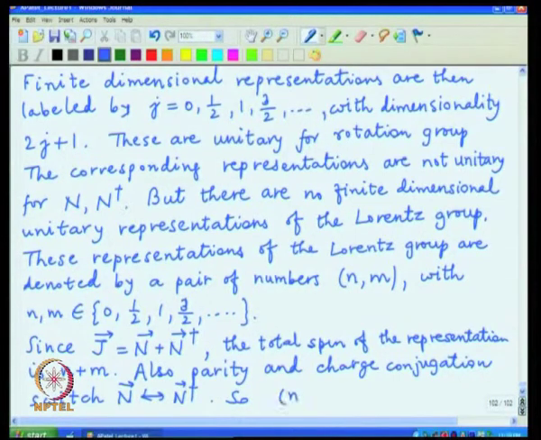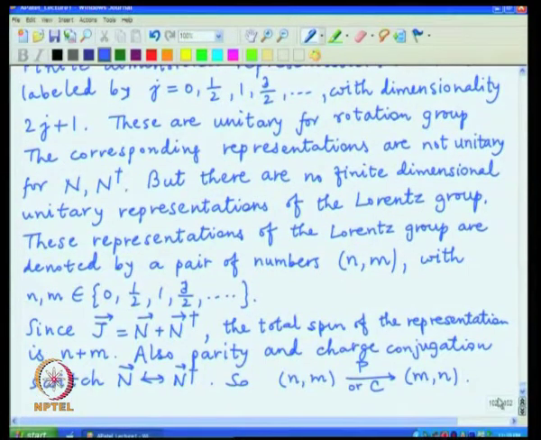So, one can take a particular representation and apply either P or C, and one gets a representation which is the same with the two labels interchanged. So, this is the other part which can be used to extract the meaning of this representation. The sum, which is invariant under this interchange, gives the spin, but one can flip these indices if the two are not equal using the parity or charge conjugation.